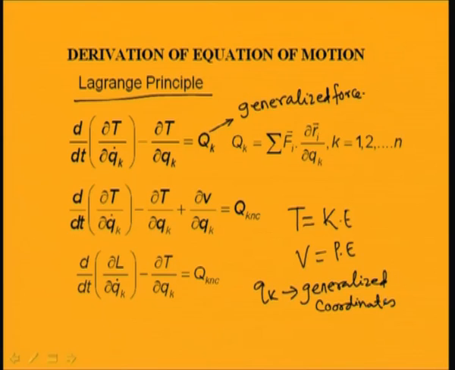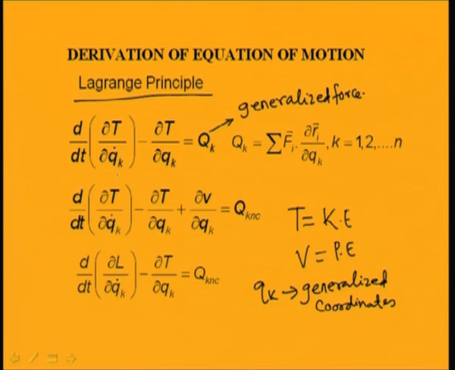So, in case of Lagrange principle, you are using a set of generalized coordinates. Here k is 1, and for a 2 degree of freedom system, k will be equal to 1 and 2.